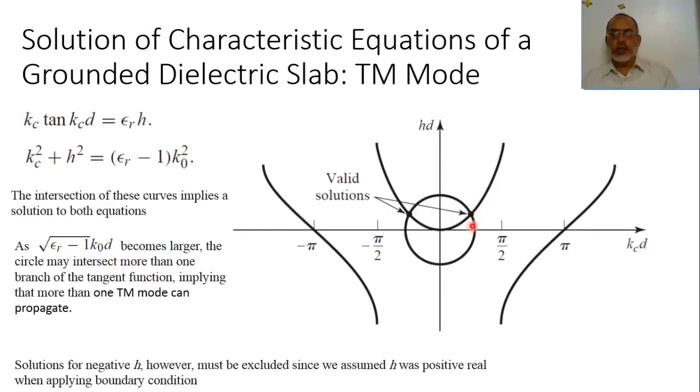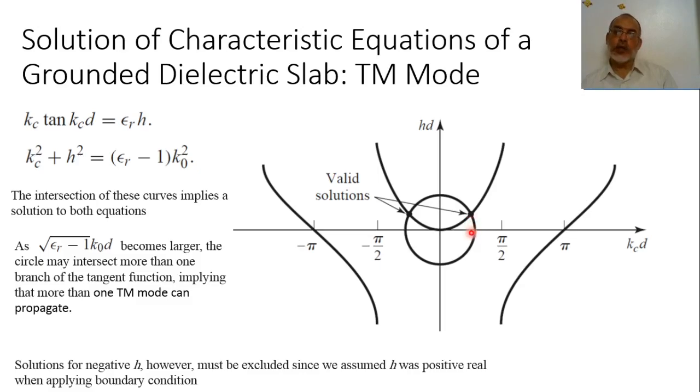So from this intersection, we can obtain Kc, which is the cutoff wave number inside the dielectric medium, and Hd, which is the evanescent wave function in the air region. From H and Kc we can determine the propagation constant beta inside the grounded dielectric slab.